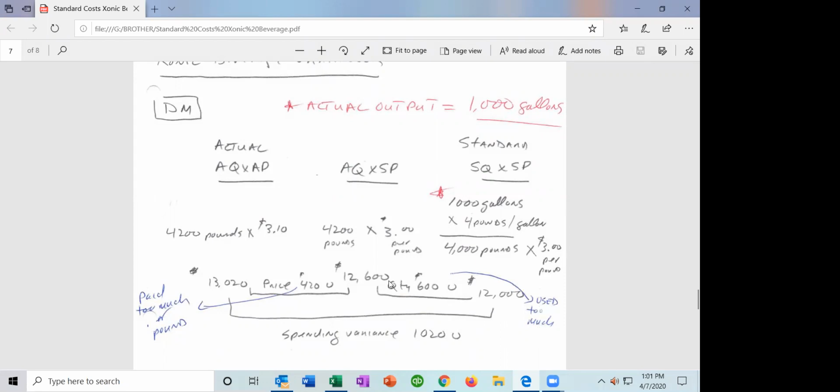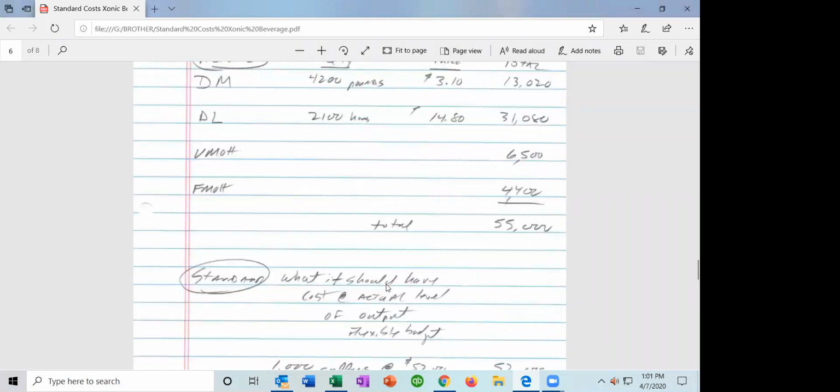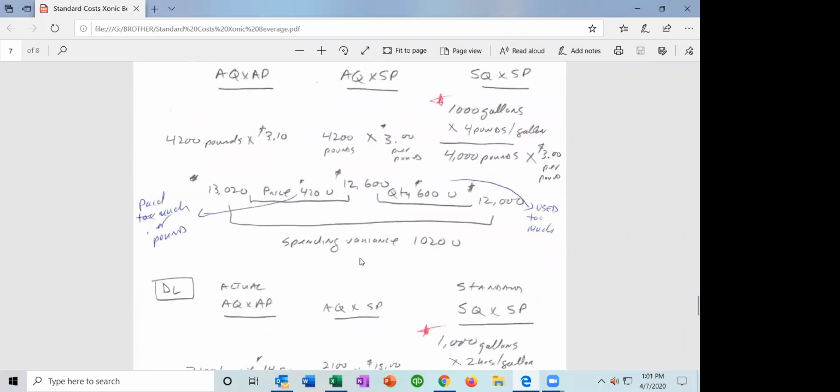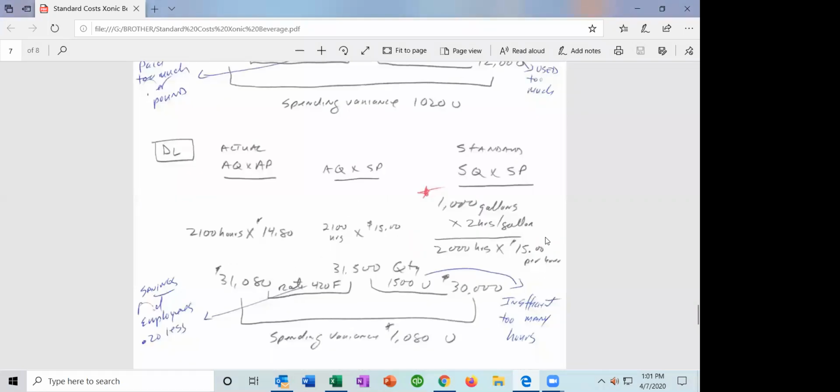So as we look back at our overall variance, remember our overall variance was $3,000. 1,020 of it is from direct materials by paying too much per pound and using too much material. Let's look at direct labor.